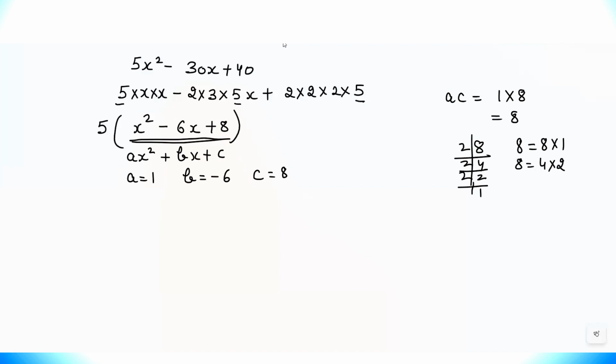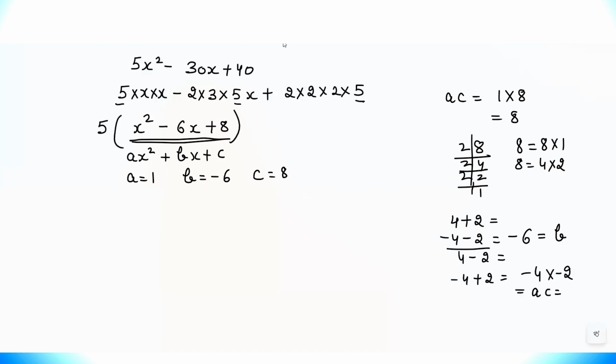Now, if I write 4, 4 plus 2 is equal to, minus 4 minus 2 is equal to, 4 minus 2 is equal to, then minus 4 plus 2 is equal to. So if you see, this one will give me minus 6, which is equal to b. Now I have to check if I multiply minus 4 with minus 2, is it giving me AC?